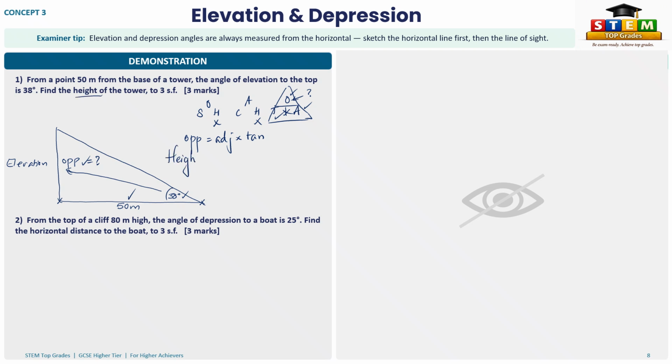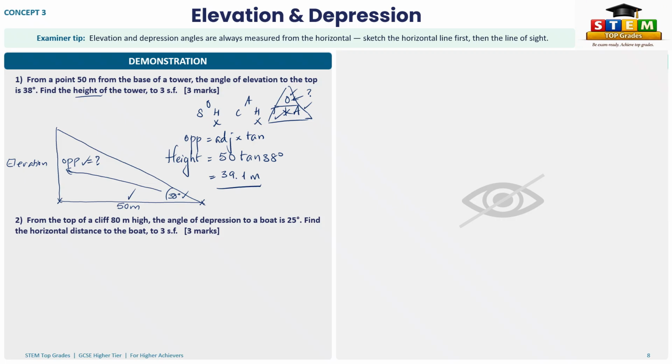Use the word used by the examiner so they know what you're trying to do. And the adjacent is 50 multiplied by tan of 38 degrees. So 50 tan of 38 gives you 39.1 meters.